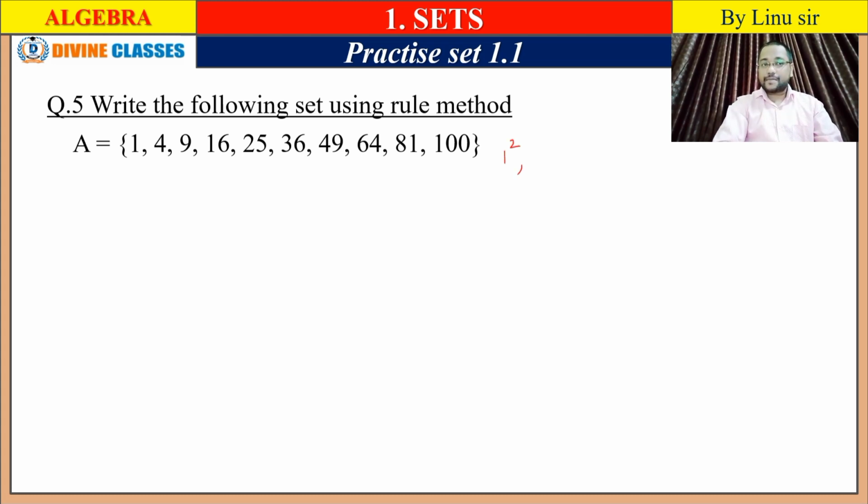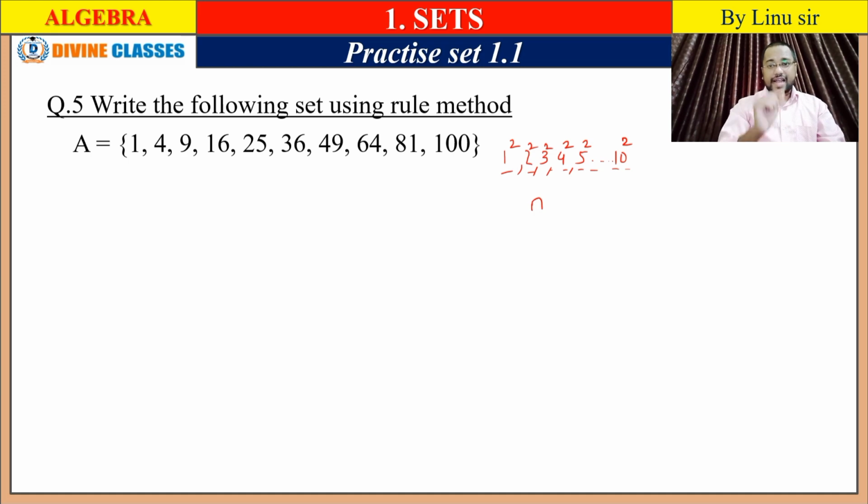So we'll check the first element 1 can be written as 1 square, 4 can be written as 2 square, 9 can be written as 3 square, 16 can be written as 4 square, 25 can be written as 5 square, similarly 36 is 6 square, 49 is 7 square, 64 is 8 square, 81 is 9 square, and 100 that is 10 square, right? So if we check, 1 2 3 4 5 6 7 8 9 10 are changing numbers, yes or no? That means whenever it is changing numbers we can assign an element.